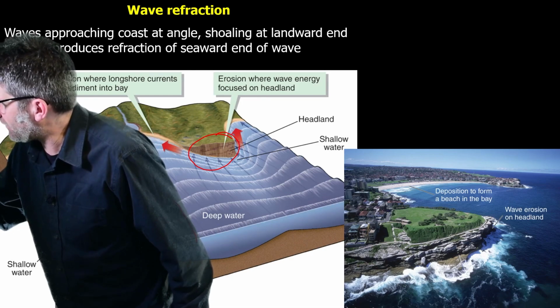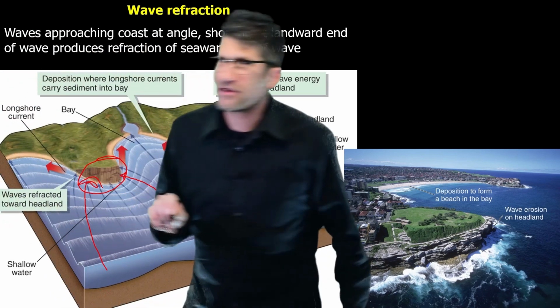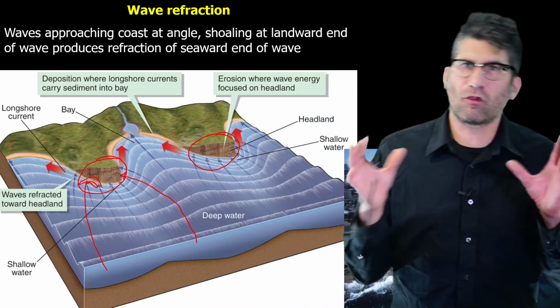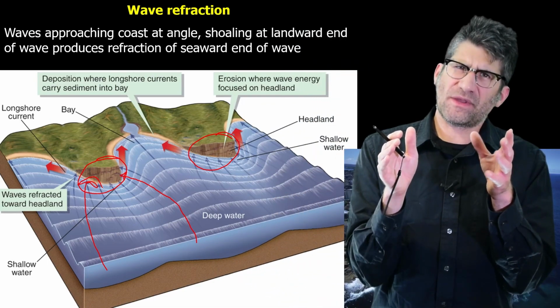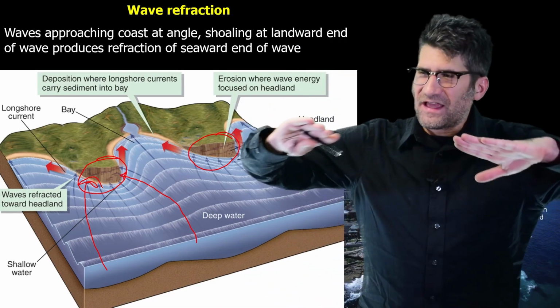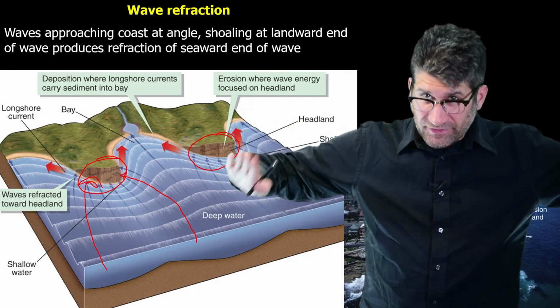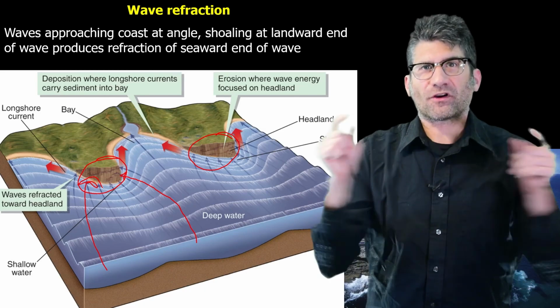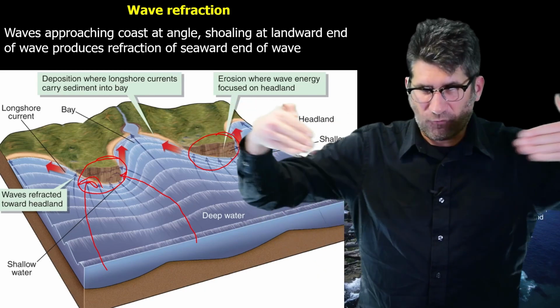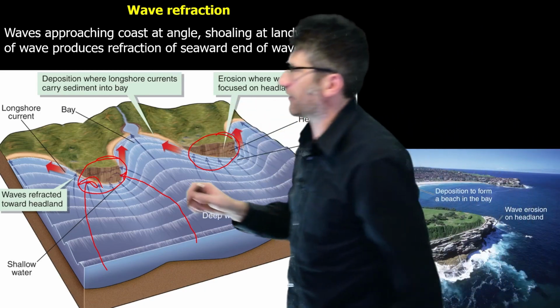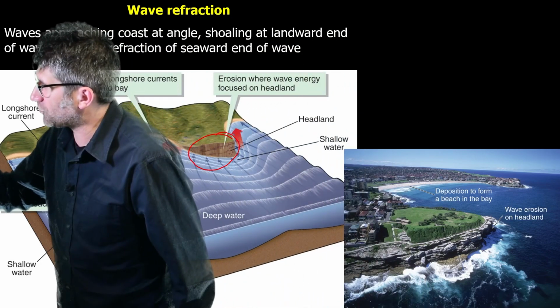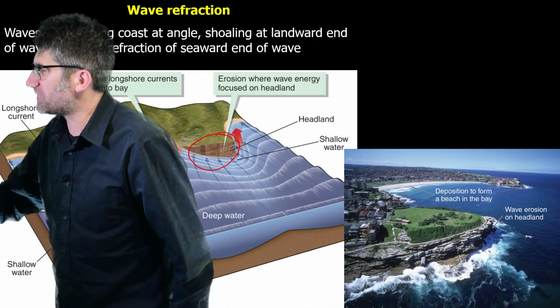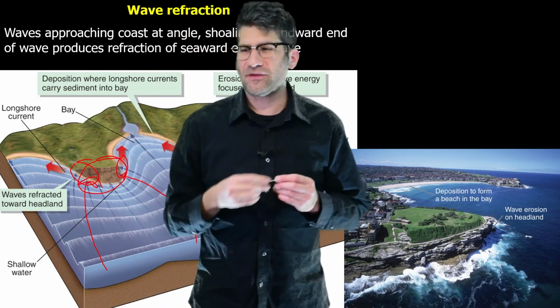Because of that, you end up focusing erosional energy along headlands. Does that make sense? As you focus that energy, the waves bend towards the headland, you have greater velocity and more force associated with more water being forced towards the headland. These become areas of significant erosion, and therefore we often find headlands to be very, very steep parts of the landscape.